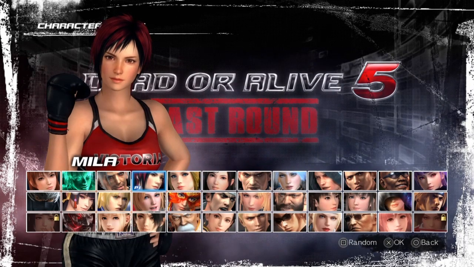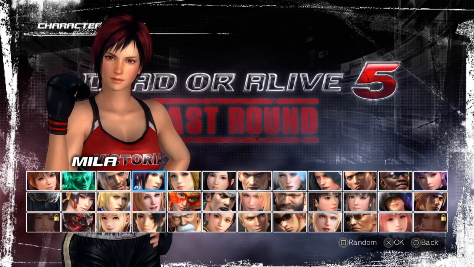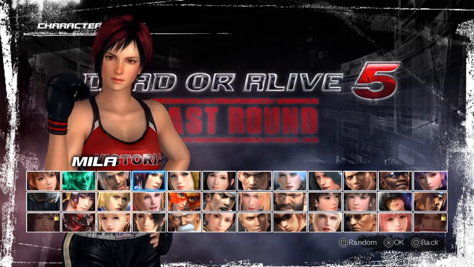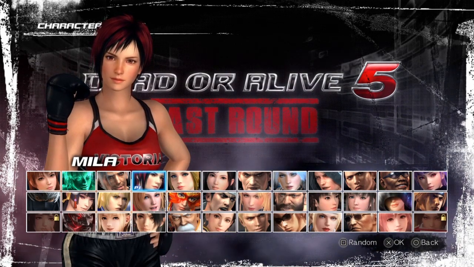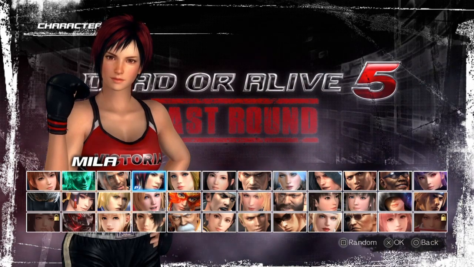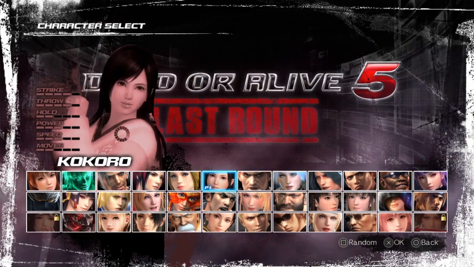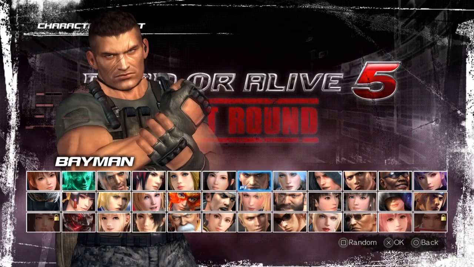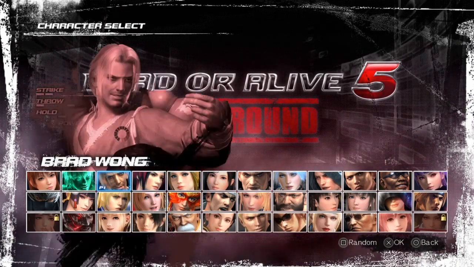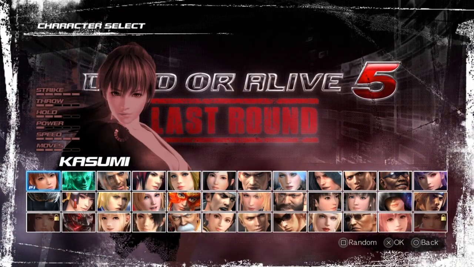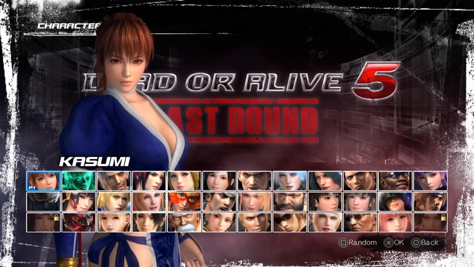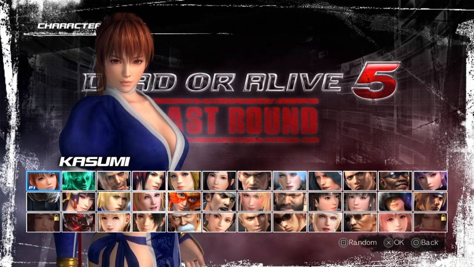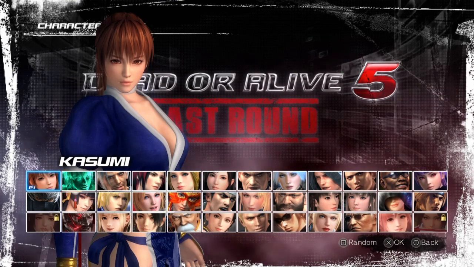Alright, so to briefly recap the system, in case you didn't really understand what it is, the system for the thumbnails is as follows. Every character has their own unique preference for colour. So, for example, Kasumi is usually known for being, I think it's either blue or pink.